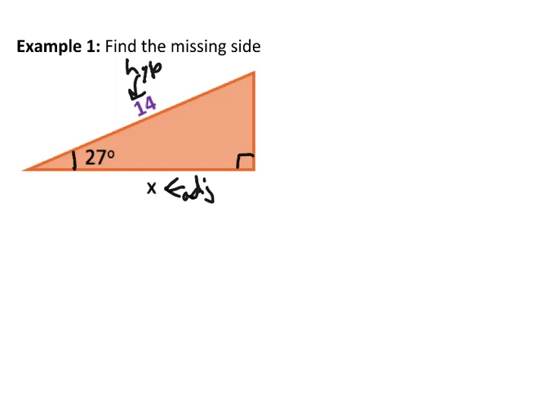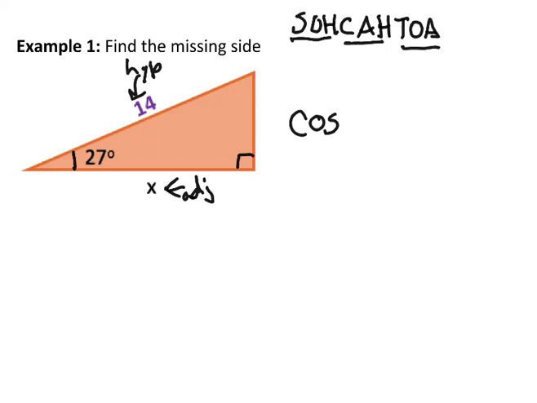All right, so what you want to think about with SOHCAHTOA is if I know the hypotenuse and the adjacent, which of these three primary trig ratios should I use? And clearly adjacent and the hypotenuse are showing up in the cos trig ratio. So I should use this one. Cos of 27 degrees will be the adjacent divided by the hypotenuse.